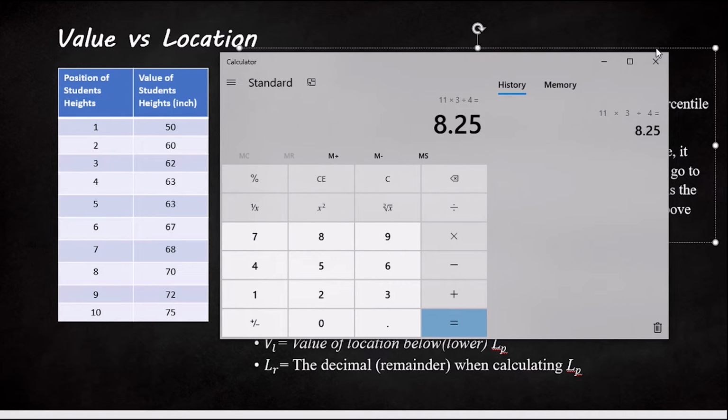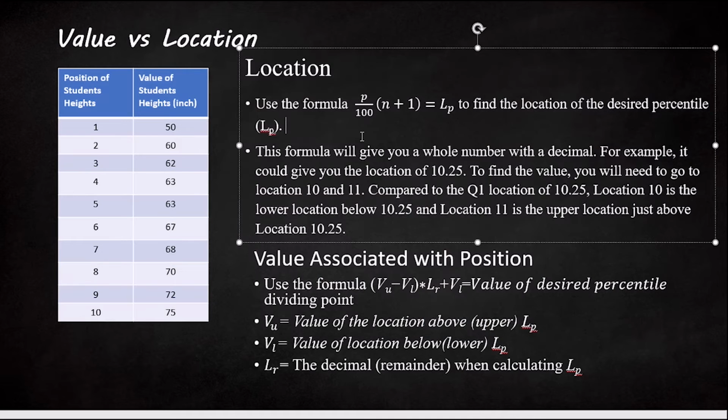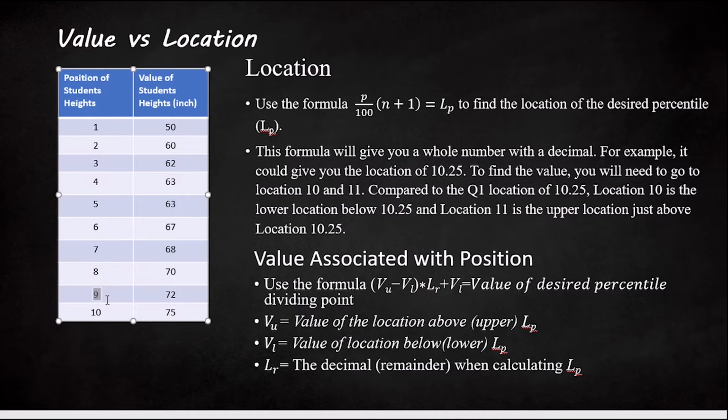That is the location of the third percentile, or the third quartile. So that's really easy, let's just go and find the location of 8.25. Well, we've got the location of 8, and we've got the location of 9, but we don't have any location of 8.25. So what do we do with that? Well, that's a really good question.